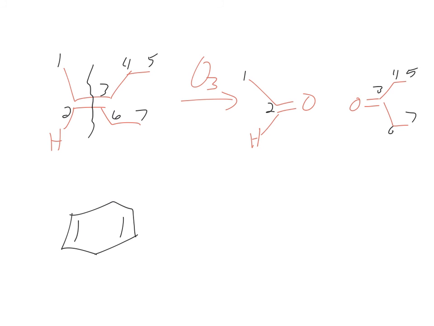Another example could be in a ring. Again, numbering our carbons. 1, 2, 3, 4, 5, 6. We're going to react it with ozone. Just split it there. Split it there. So we form, there's H's here. We're going to form some aldehydes in this case.